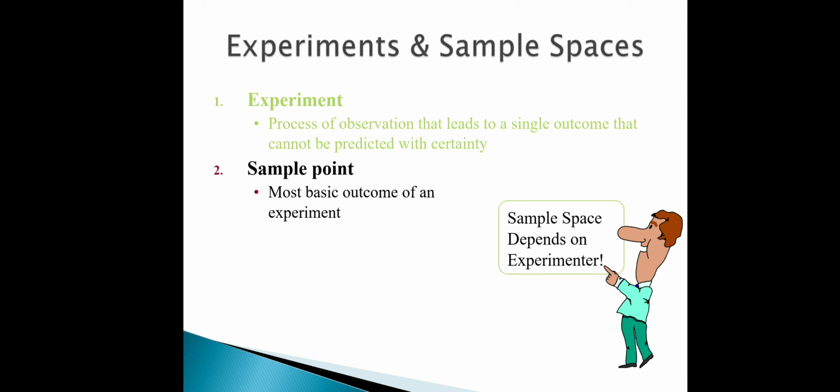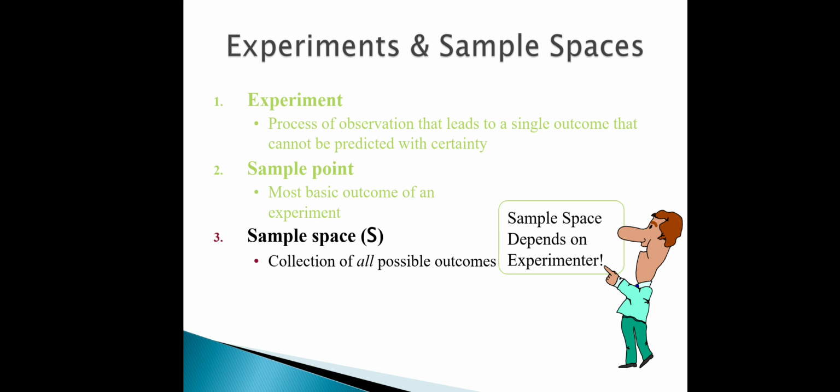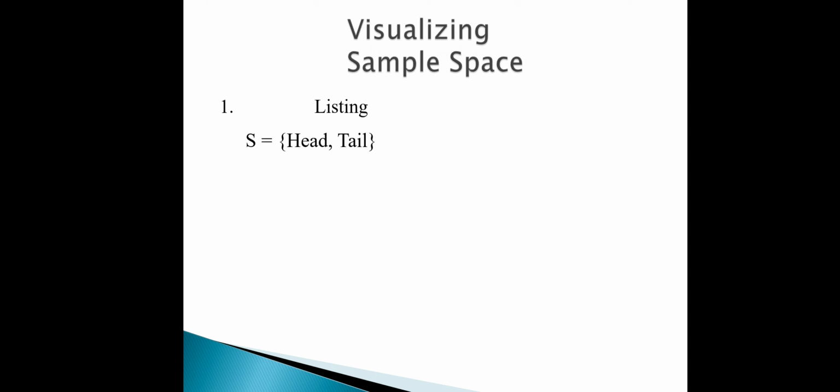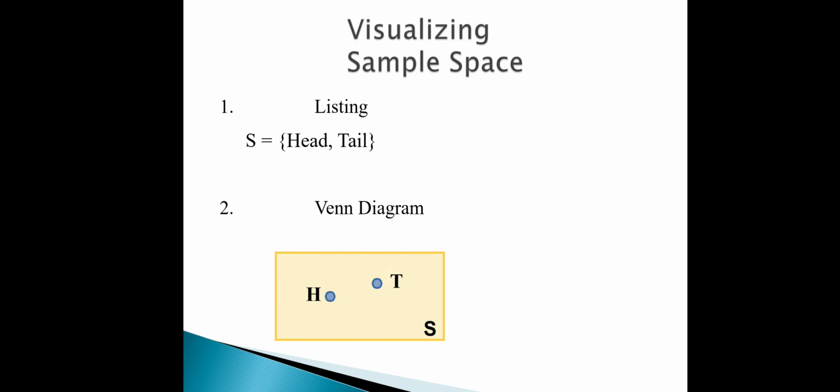The sample space depends upon the experiment; it is the collection of all possible outcomes. Visualizing a sample space: S is equal to {H, T}, with a Venn diagram of H, T and S.